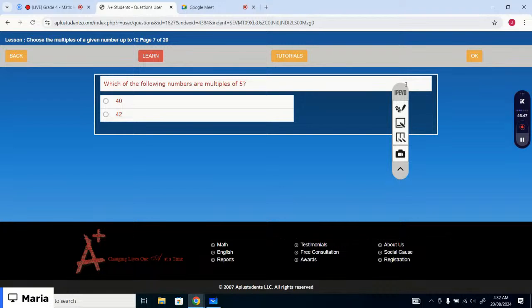Which of the following numbers are multiples of 5? Which is the correct option?